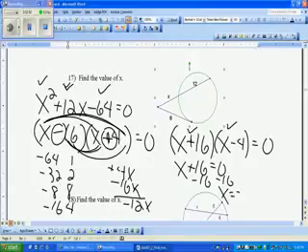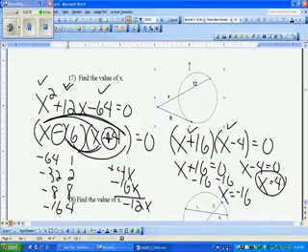If we set the other one equal to 0, x minus 4 equals 0, we solve it and we get x equals 4. So these are our two possible answers, and 4 is the answer because you can't have a negative distance. Any questions?